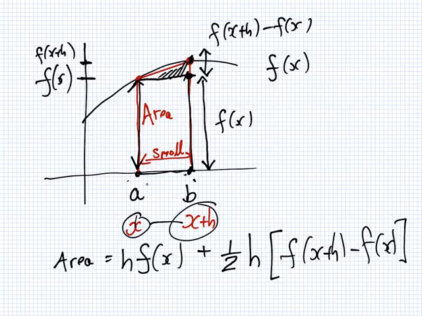Then why is the height x plus h? The height? You mean here? No, like on your y-axis. Oh, f of x plus h and f of x. If the base is h, then how come when you're doing the height it's x plus h, like x plus the base?